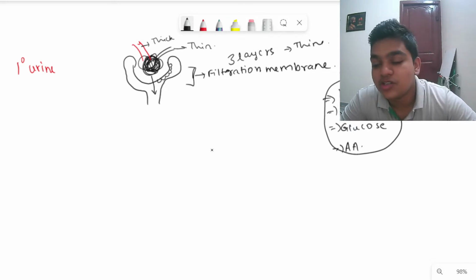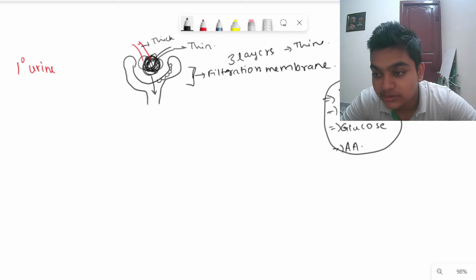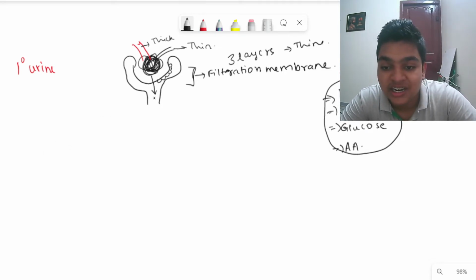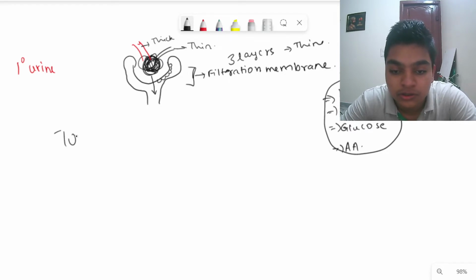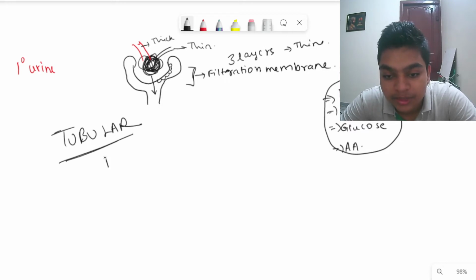That process of reabsorbing these contents is done through the rest part of the nephron, that is your tubular part. This tubular part does the reabsorption.